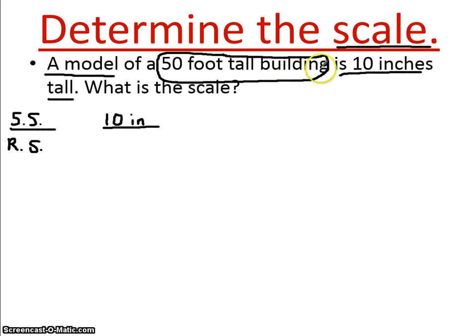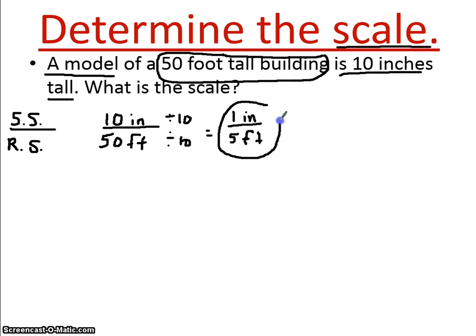So the real size is 50 feet because that's how tall the real building is. So the relationship between the model and the real object is that 10 inches is really 50 feet. Now we can reduce that ratio by 10 since they both end with a 0, and our simplified scale is 1 inch is 5 feet. That means for every inch on this model, it's 5 feet in real life.